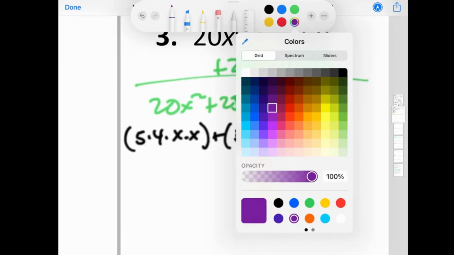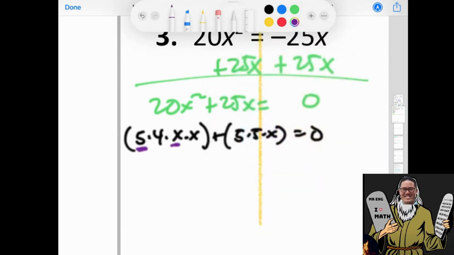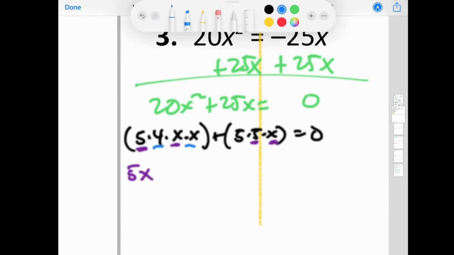What do they have in common? They have a 5. Each of them both have, in the parentheses, both a 5 and an x. Do you see that? So I wrote 5x times (4x, and this one is not highlighted, plus 5).